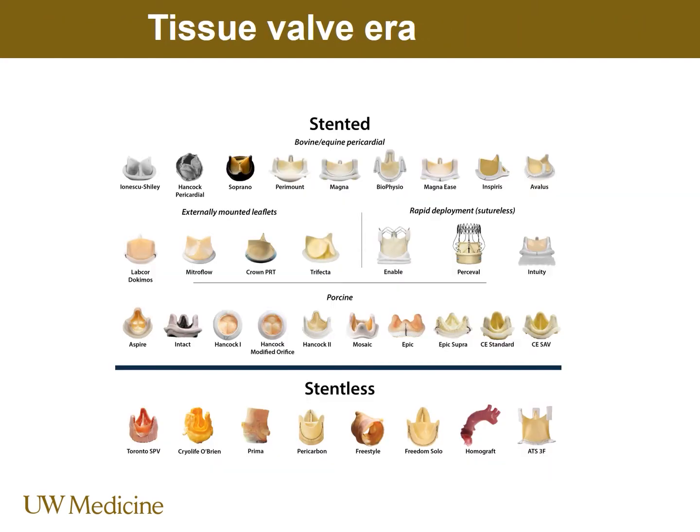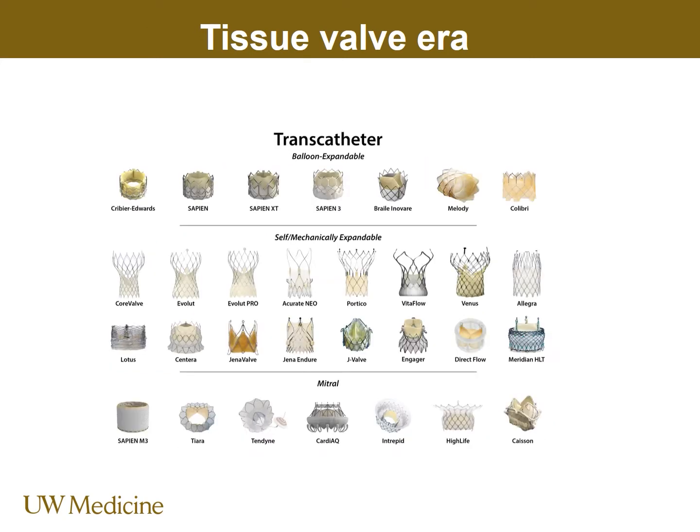There are a large number of bioprosthetic valves that are surgically placed. Each one of them has its more or less unique features, but what's important is there are the stentless valves as well as the stented valves, and both of them, as you'll see, basically provide unique challenges when doing valve-in-valve.